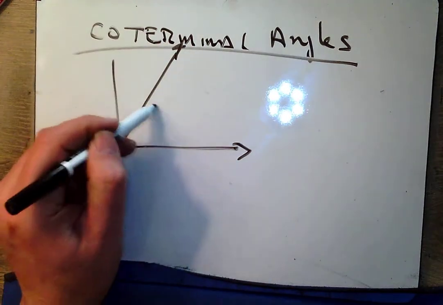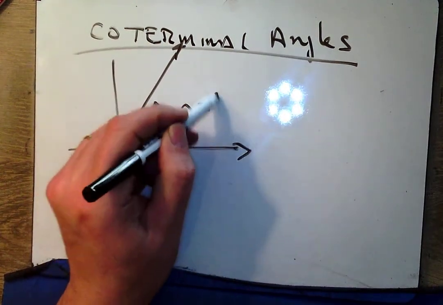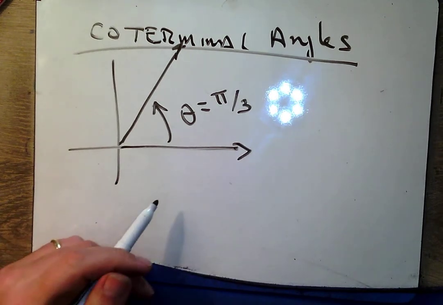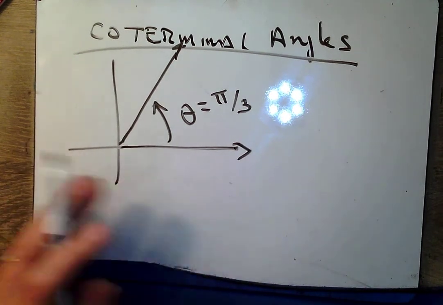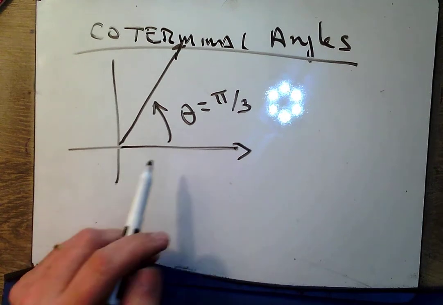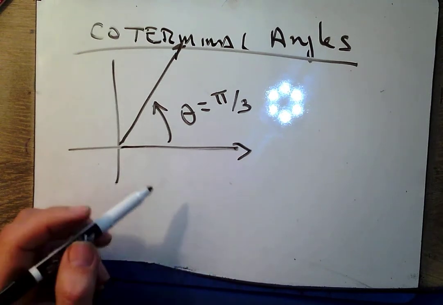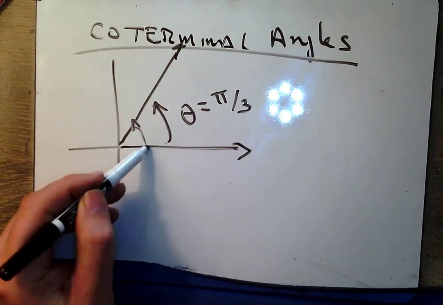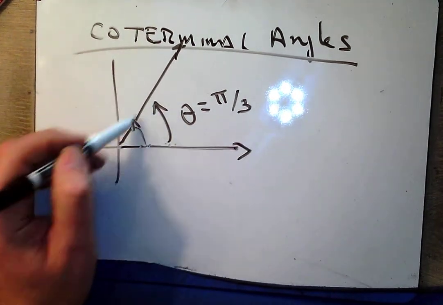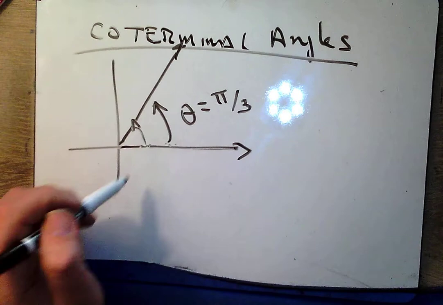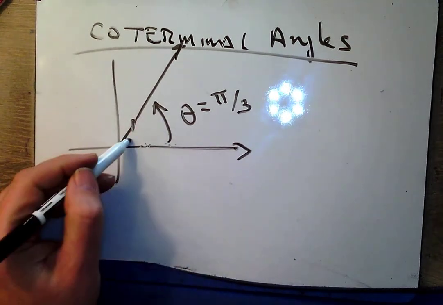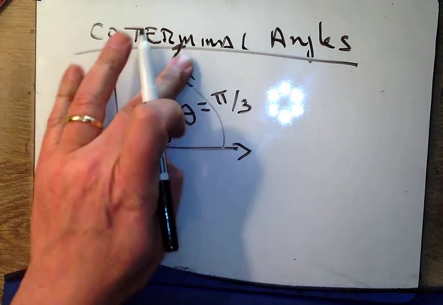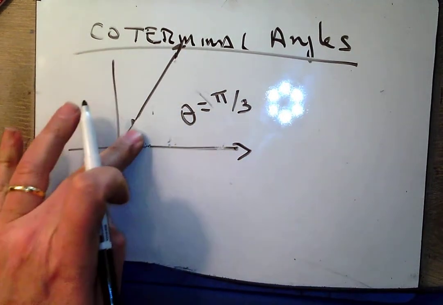So if I have theta equals pi over 3, can you give me another positive coterminal angle with this one? Okay, so no, that's not a different one. That's the same one. It's starting on the same initial side. It's ending on the same terminal side, but in fact, these are the same. It doesn't matter how far in or out I draw, these are the same.